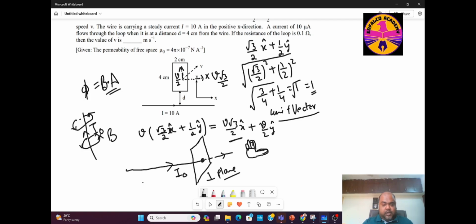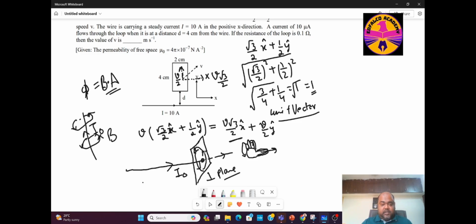You point your thumb in the direction of the current, and then curl your fingers down. This is the direction of the current, and then I'm curling all my other fingers in this direction. The direction in which the four fingers get curled is the direction of the magnetic field, and it has to be the right hand.